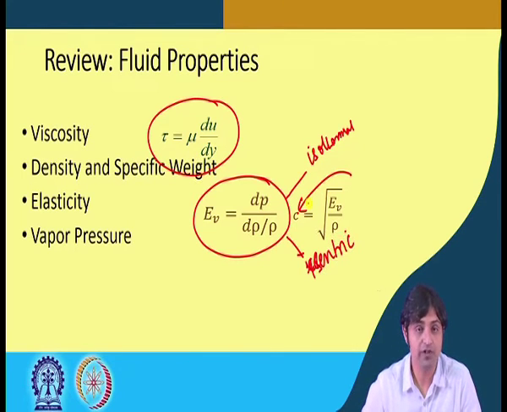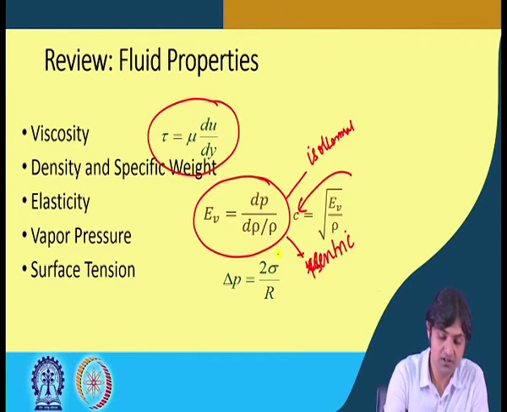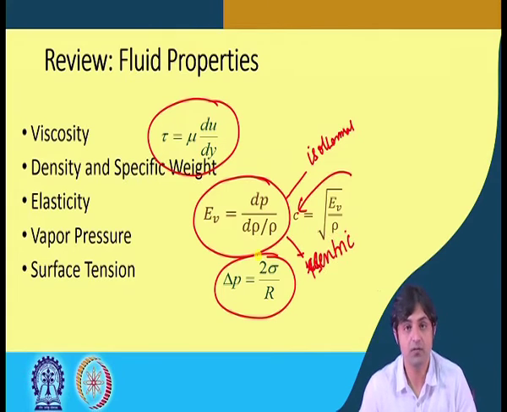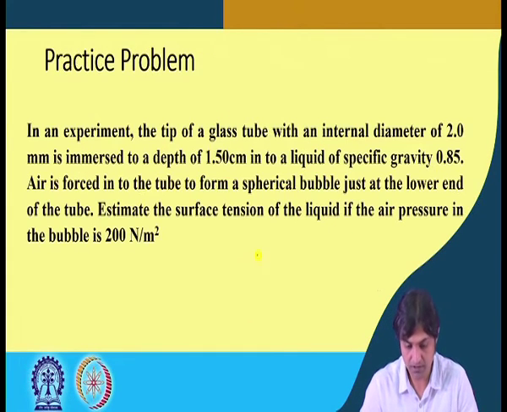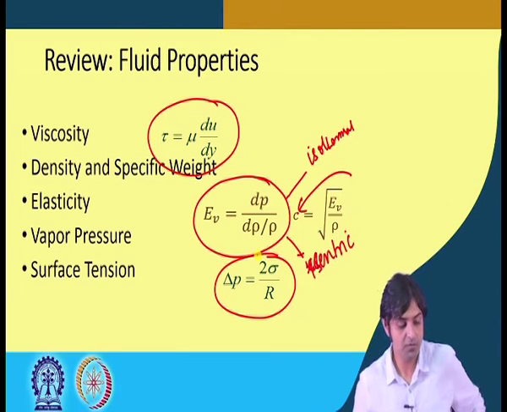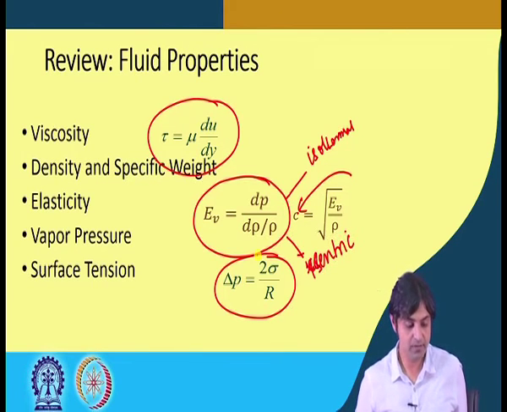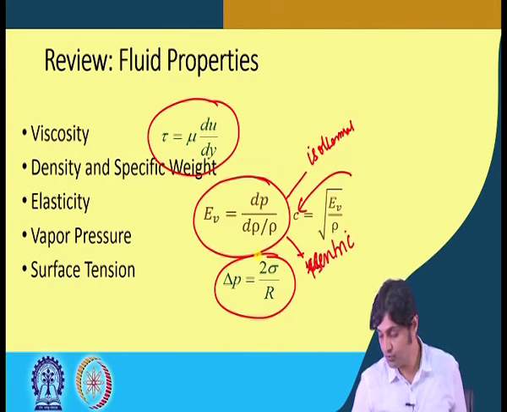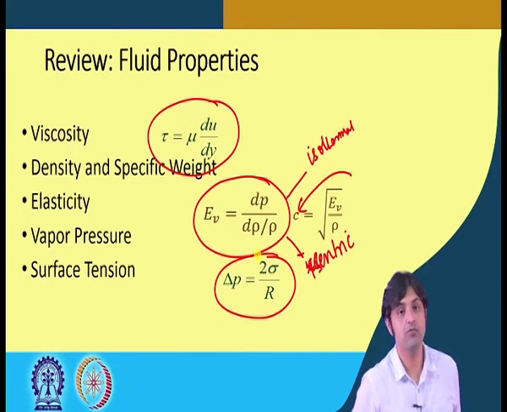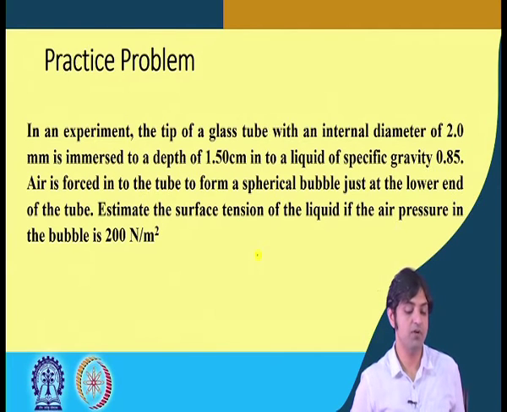We have seen about vapor pressure, we have seen about surface tension, and this was one of the important equations, delta P is equal to 2 sigma by R. So to review the properties: viscosity, density and specific weight, elasticity, vapor pressure and surface tension, these are the important properties that we have read. Now I have included for your convenience 4 different problems encompassing all the concepts that we have done. So we will go into these questions one by one.